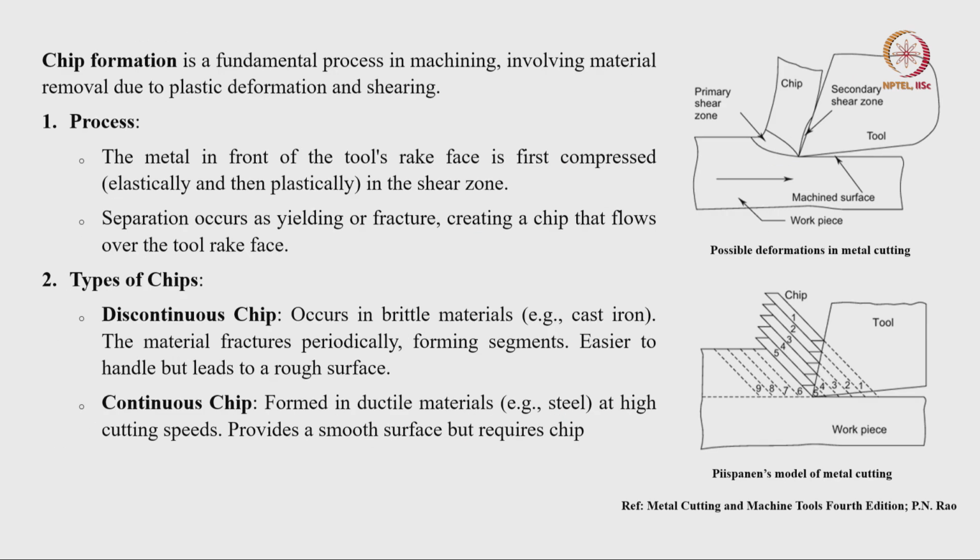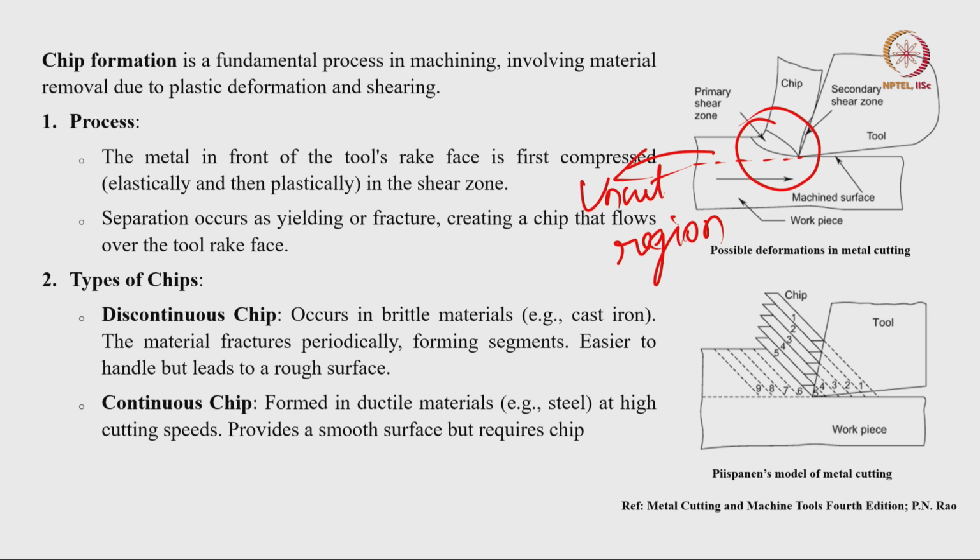Now, chip formation. Chip formation is a fundamental process in machining involving material removal due to plastic deformation and shearing. This is the example of the primary shear zone that forms between the uncut region of the workpiece, which is undergoing machining, and the chip that is getting generated.